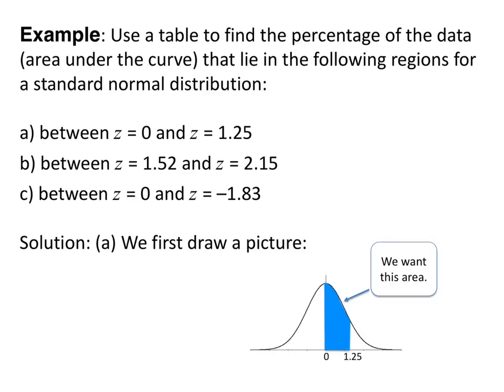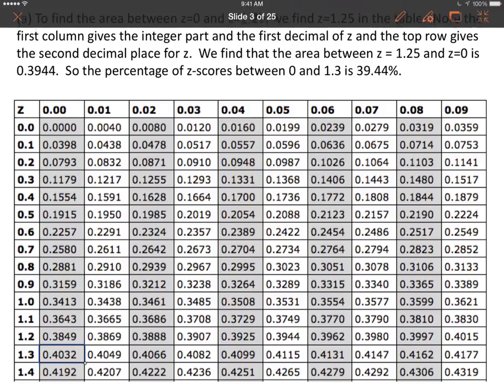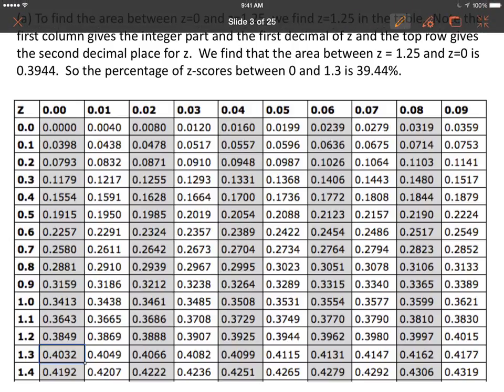And we're going to look at a table to find it. Okay. So here's the table. So we're going to find z equals 1.25 in the table. And so to do that, we're going to look down the first column and the first row to find our z-score. So the first two digits in your number are in the first column. So we want 1.25.